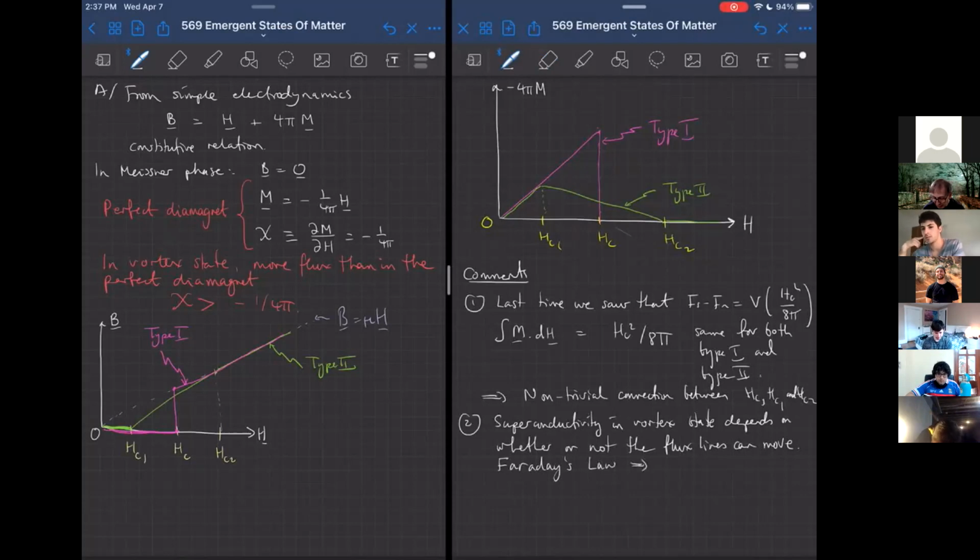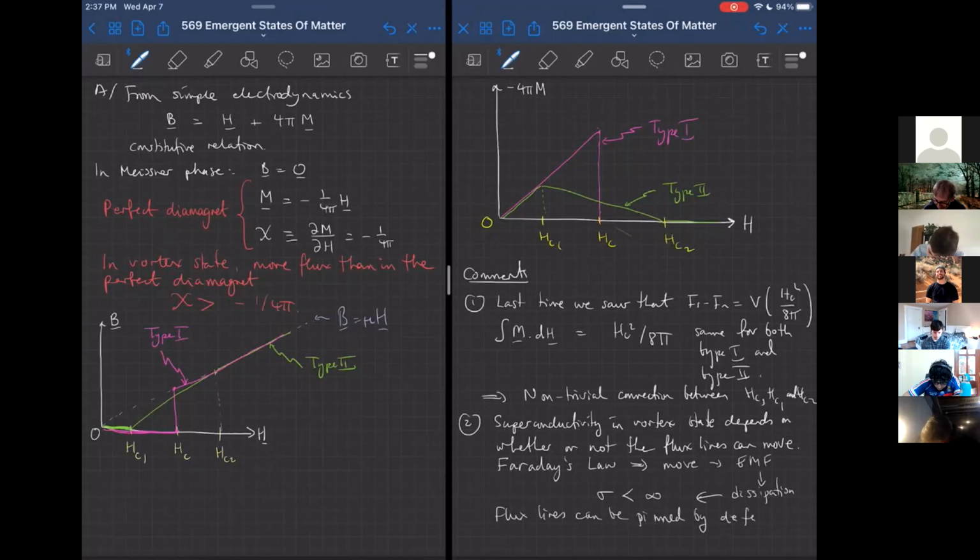What that's going to tell you is that if the flux lines move, then they're going to generate an EMF. And so there will effectively be a dissipation, and that means that the conductivity will not be finite. So how can flux lines not move? Flux lines can fail to move if they are pinned by impurities. So I'll just say they can be pinned by defects.